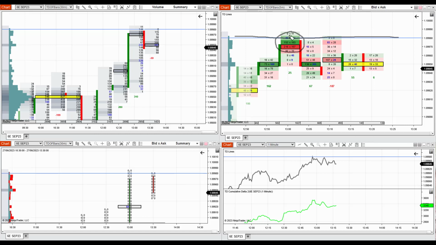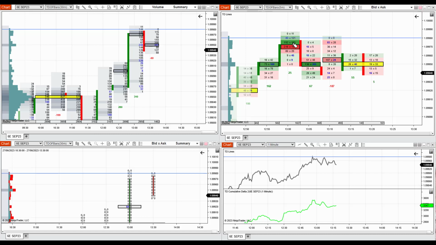And absorption is when buyers are pushing the price upwards. I see the buyers here on the ask side of the footprint, but also sellers are active and they are selling at the same time at the same place. So this is absorption.